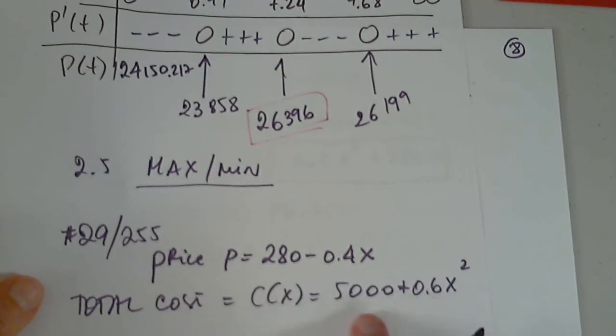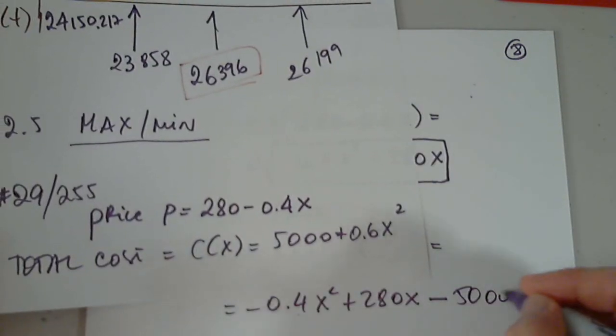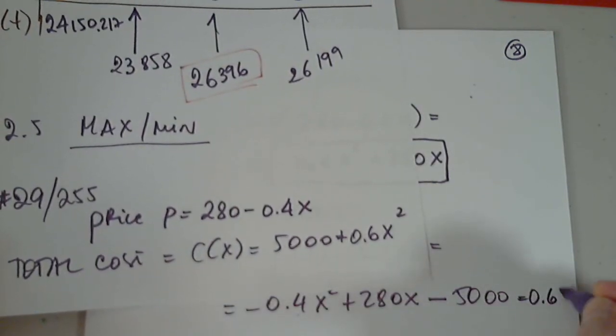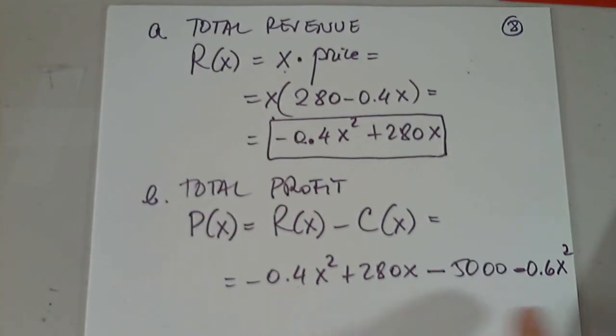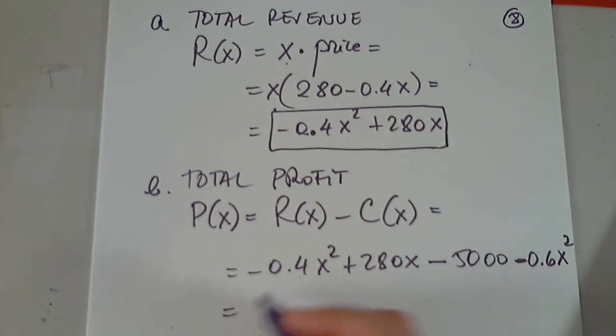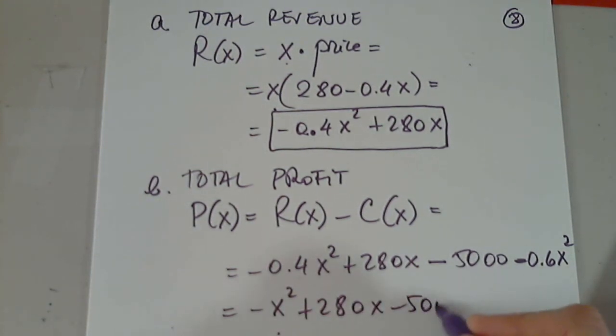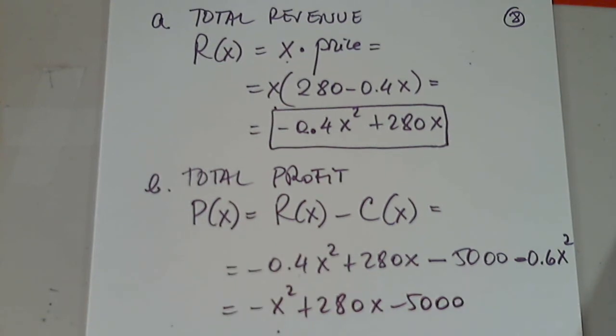I have to subtract both, so minus 5,000 minus 0.6x squared. Negative 0.4 minus 0.6x squared, combining like terms, is negative x squared, and then plus 280x minus 5,000. And that is the total profit.